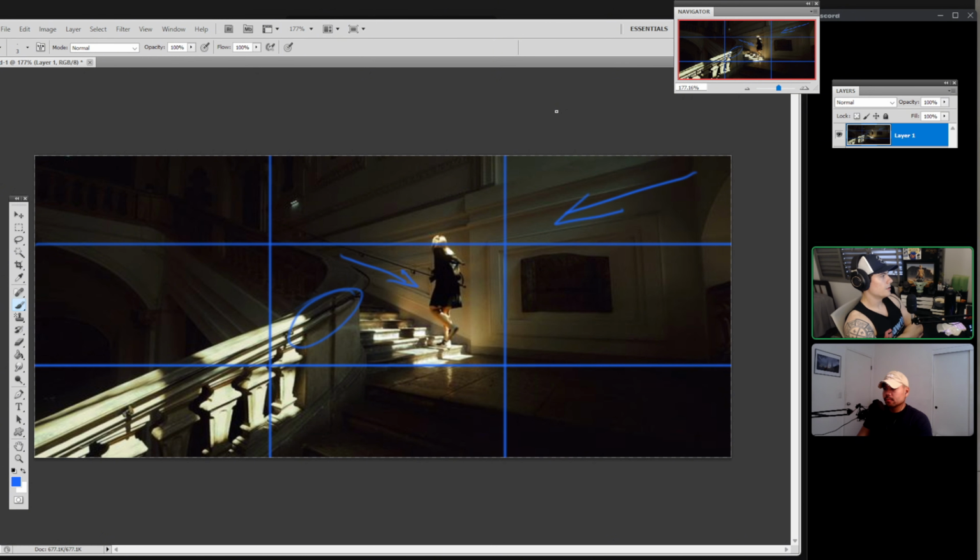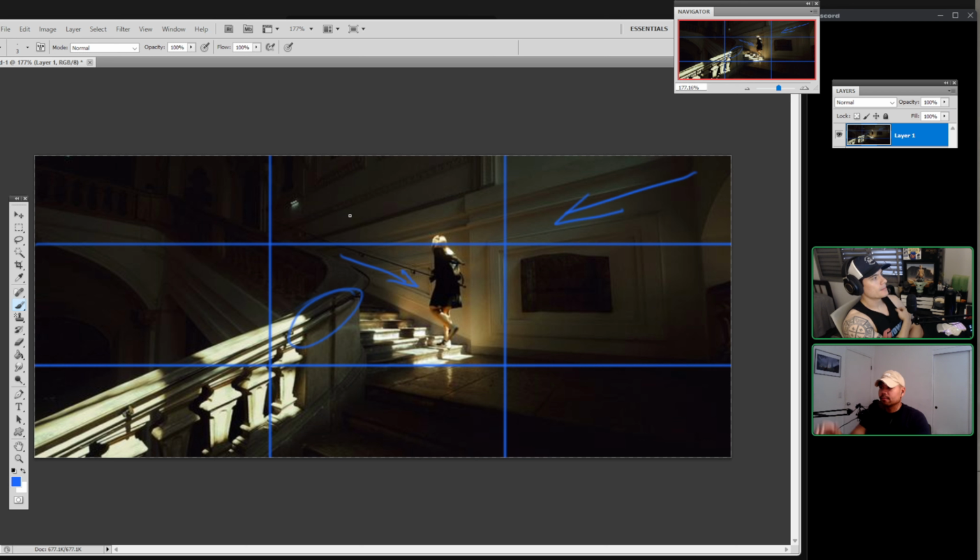So even though we have a super bright area in the foreground there, it doesn't feel as bright as the steps that she's stepping on or her hair, because you don't get that huge impact on the surrounding area of that light shining on everything.